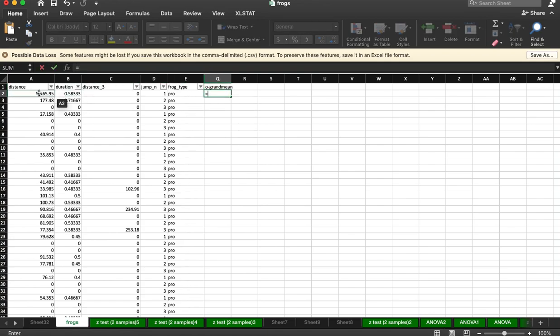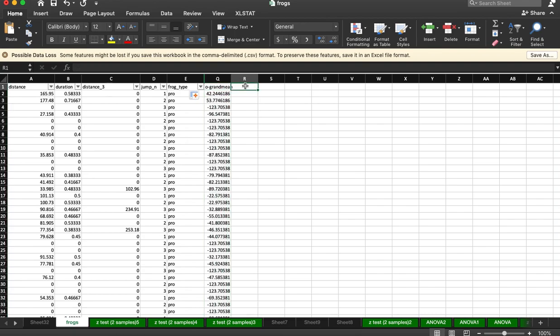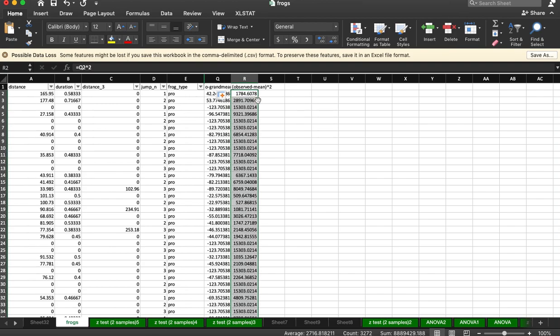So that is distance minus the grand mean. I'll do that for all of them. Now I need to take that and square it. So this is observed minus mean squared. And what happens when we do this is we get rid of all of our negative numbers. So everything's positive now. Great.